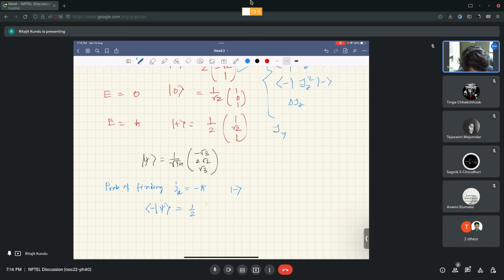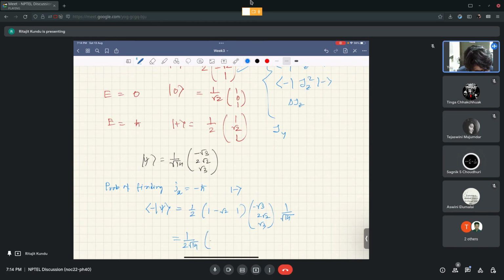So half, we have 1, minus square root 2, 1, and then there is a dot product with the psi, which is square root 3, minus 2, square root 3, and there is 1 by square root 14 additionally. Yeah, thanks for noticing, right?